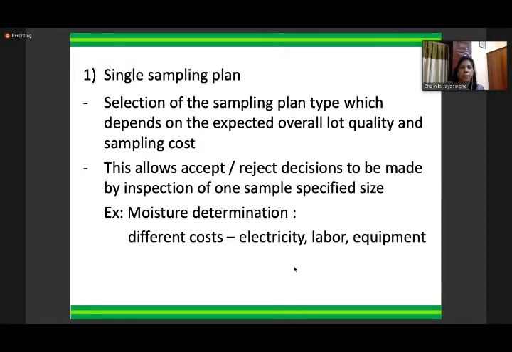For example, here we are going to tell our results considering the whole, overall lot, right? We are going to get the sample to analyze. In a single sampling plan, we get the sample to analyze, and whatever results we get, we will use to tell about the whole lot.